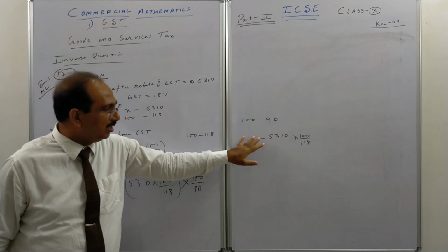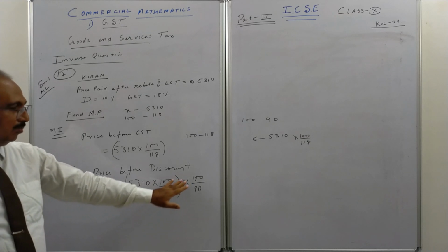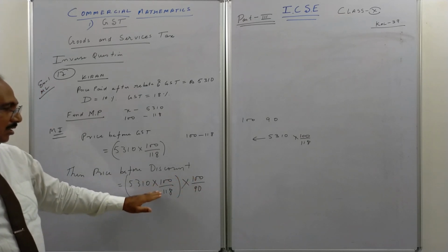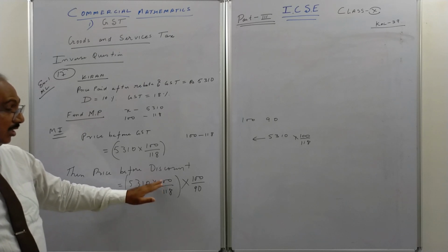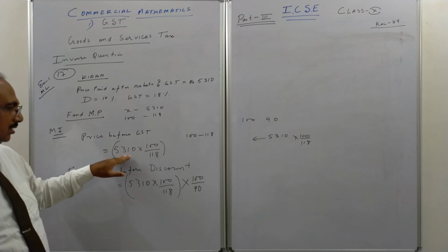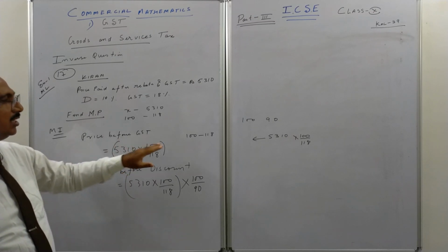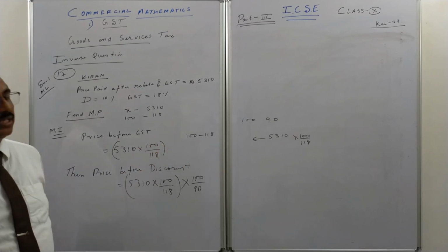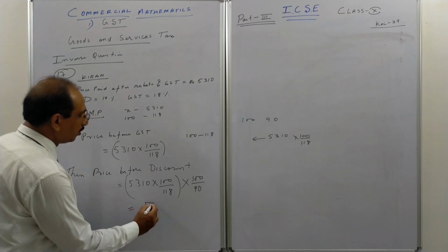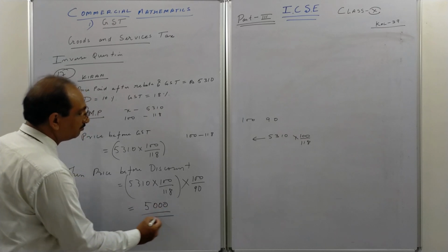Means 100 up, 90 down. Same way here, same logic: 100 will be up and 118 will be down for the price before GST. Before GST it was less. So if you calculate this, you will get rupees 5,000 very easily.